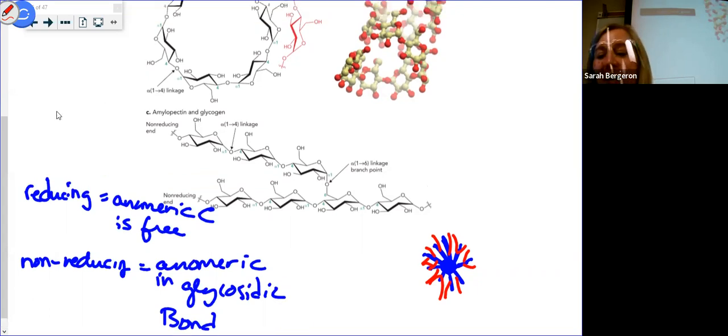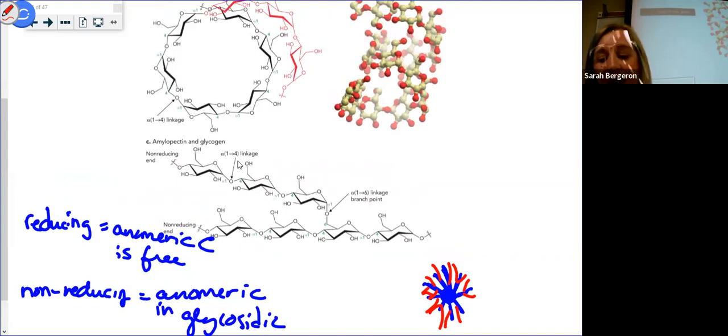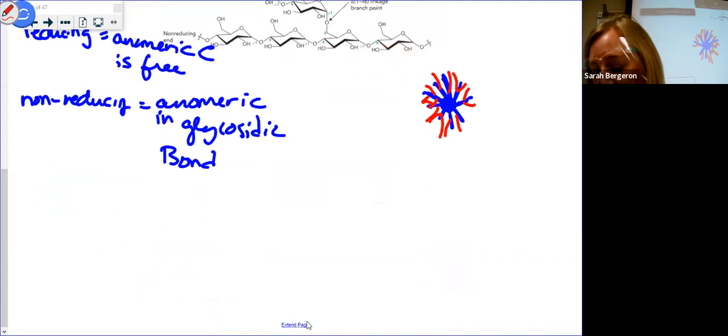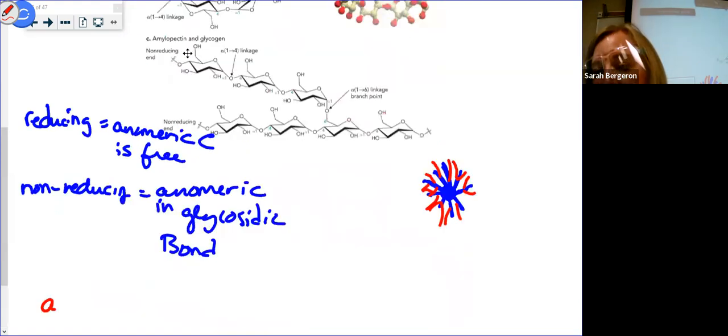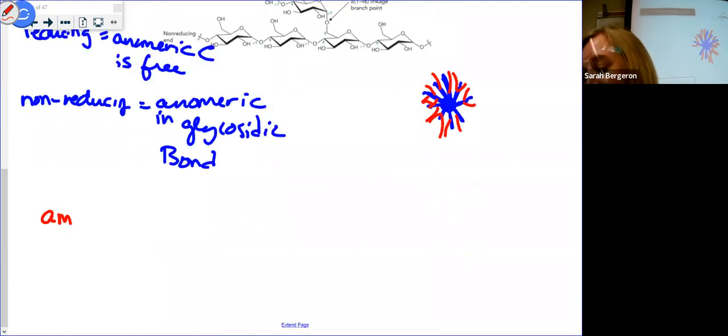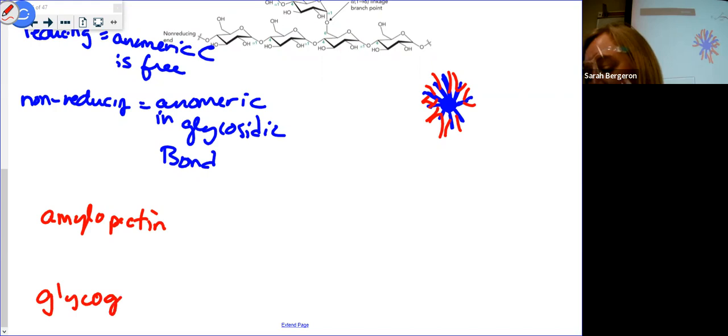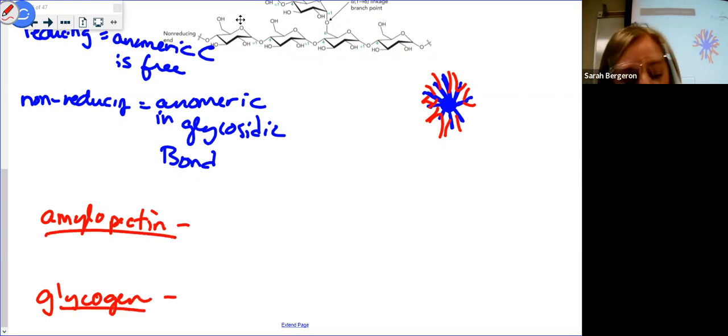Okay. So that's amylopectin and glycogen, right? So if we compare the two, so I'm comparing everything in C, amylopectin and glycogen.